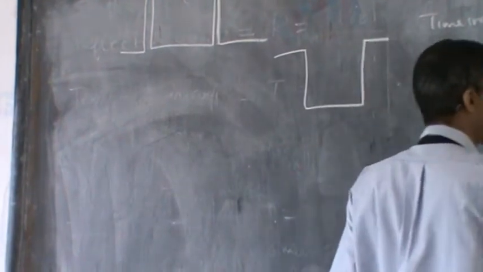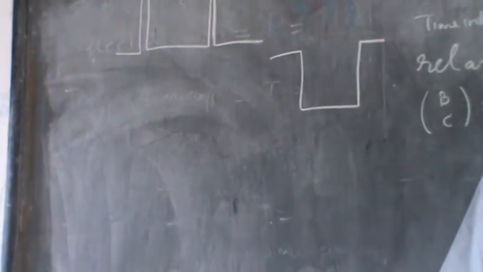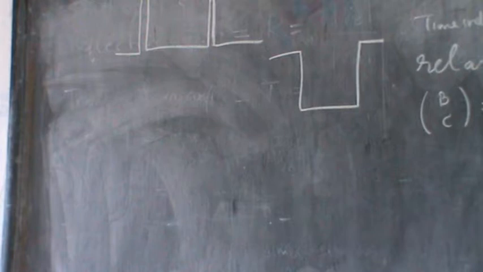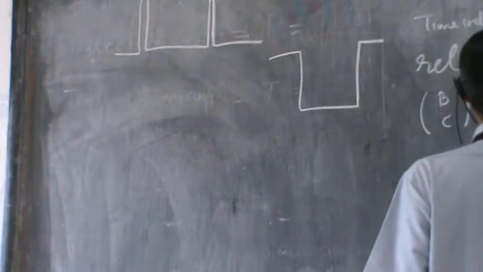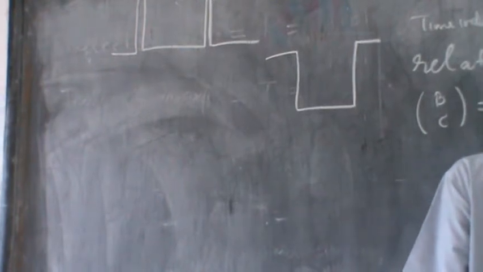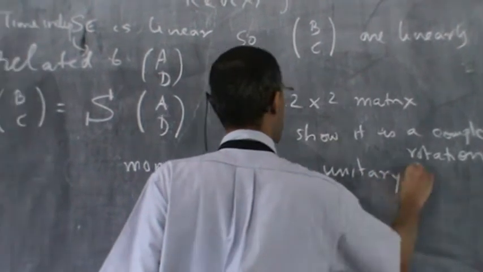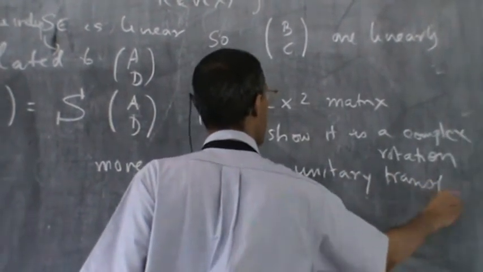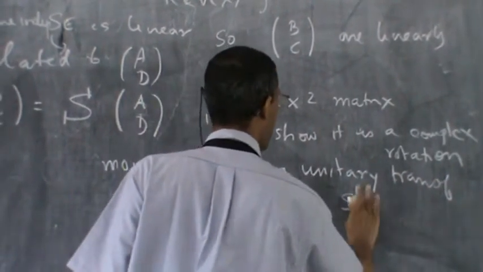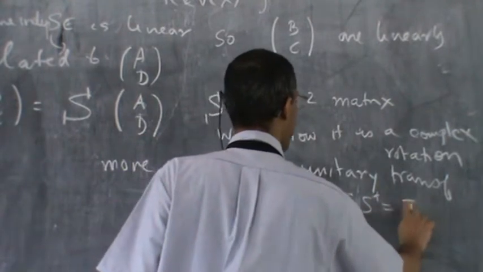S is a 2x2 matrix, and we will show it is a complex rotation, more precisely, a unitary transformation. By unitary I mean S S-dagger is equal to identity.